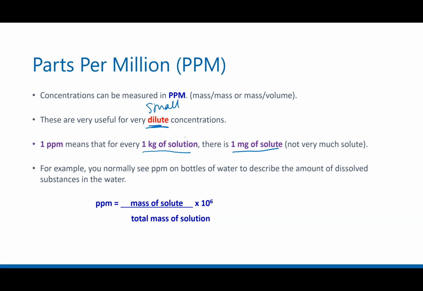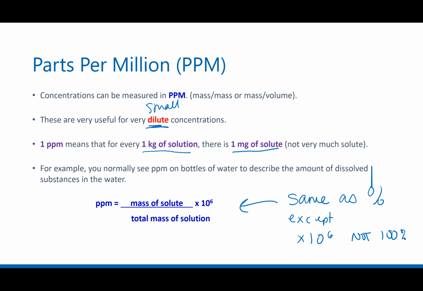And I'm going to explain how you calculate that in a second. This is the same method as percent. The only difference is we multiply it by 10 to the power of 6, not 100.